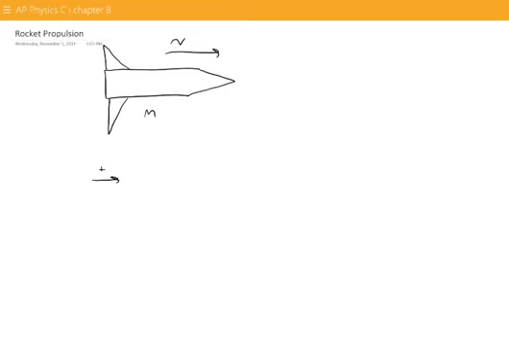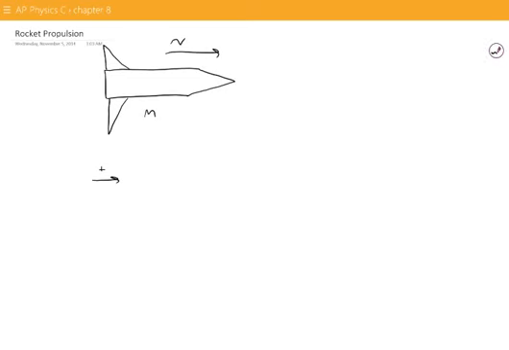That's an internal force, and if we assume the rocket is somewhere in deep space, it's an isolated system, so momentum would be conserved. The problem is that when the rocket is burning its fuel, it's getting lighter. It's throwing some of its mass out the back. So we have a velocity that's changing and a mass that's changing. So we're going to set up a bit of notation to help us think our way through this.